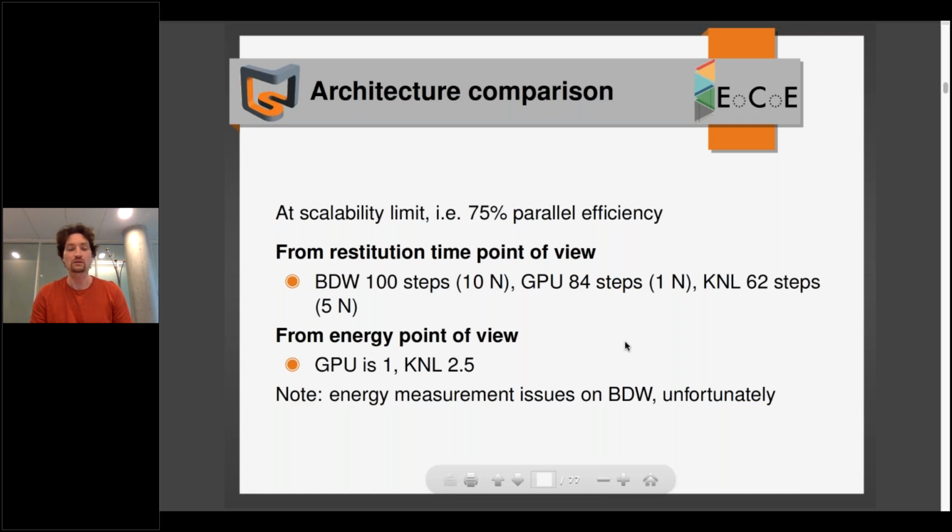So GPU is definitely a better candidate for energy saving for this code, at least. Unfortunately, the measurements were not precise enough on Broadwell, so I don't have energy results there, but we can imagine it's more demanding than the Kernel architecture.